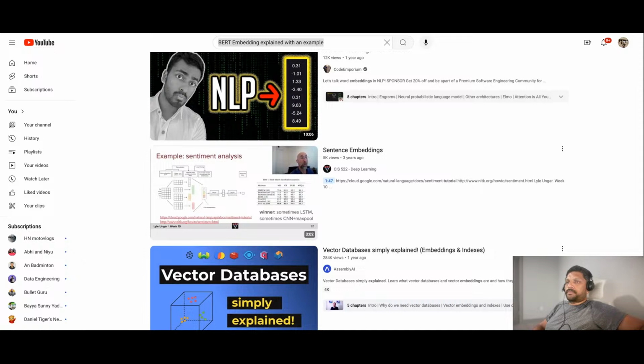Good. So that's it with BERT for today. BERT is simple. If you look at word2vec, GloVe, fastText, ELMo, BERT, all of these are actually building models which solve a certain problem.